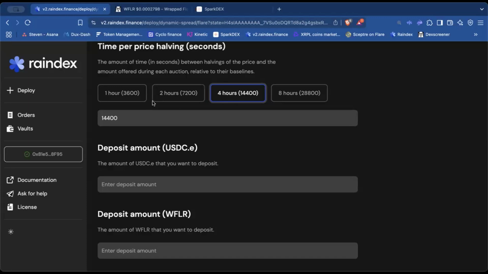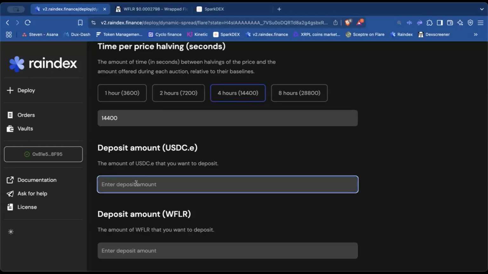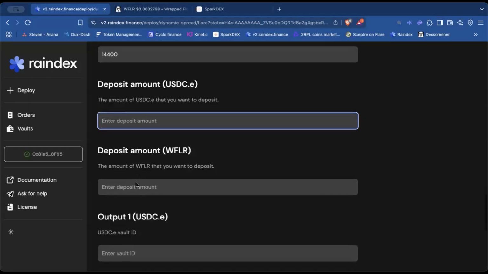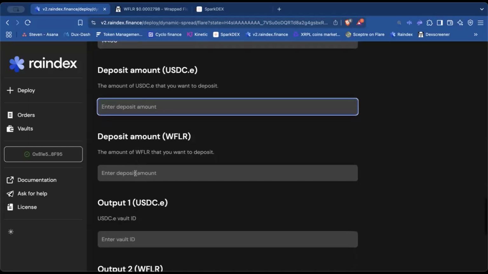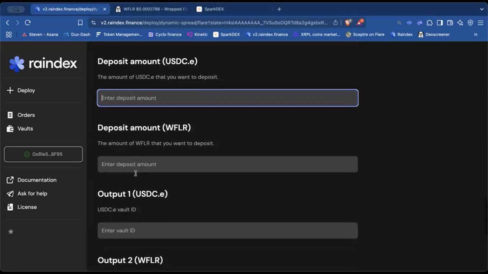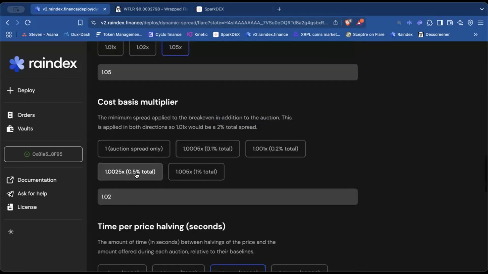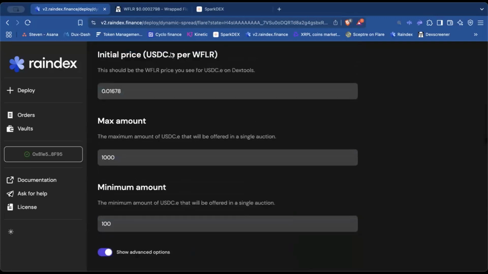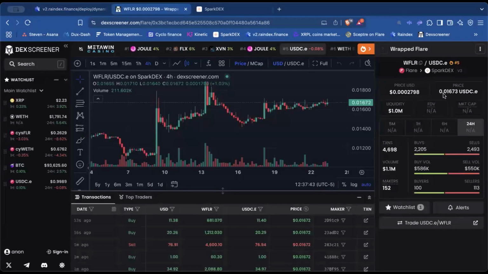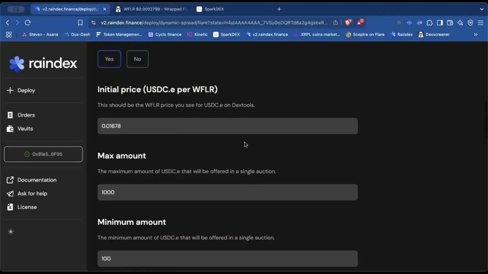And then the deposit amount, we're going to leave at zero for now because we want to see the strategy before we commit. If we messed up somewhere along the way, okay, go back. Let me check the price again, just to make sure, because that's the part where you can mess it up. There you go. Go back. Raindex. All right.